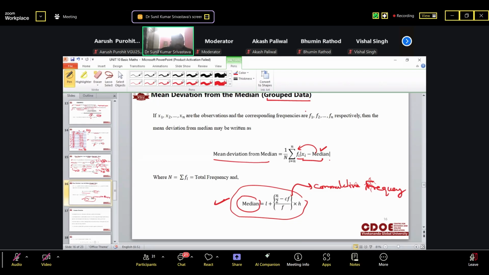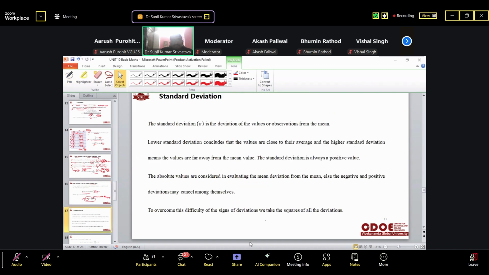So now, moving further, in the next step we have to know the standard deviation.